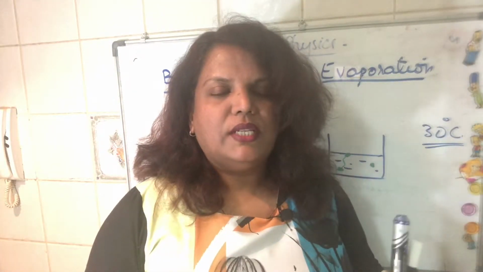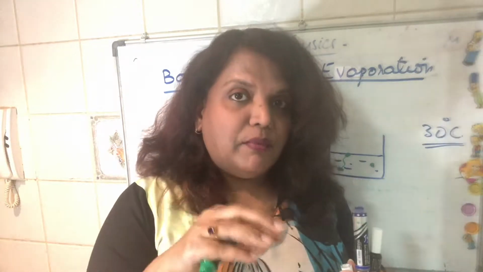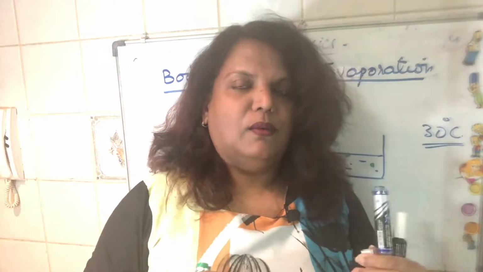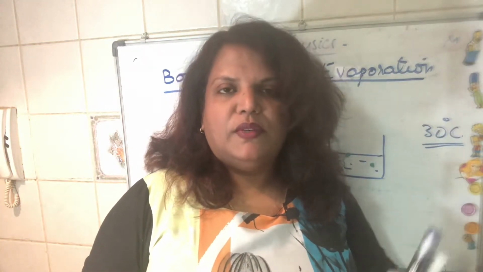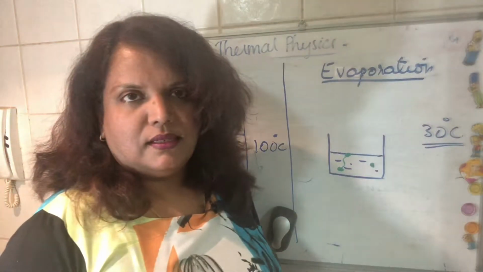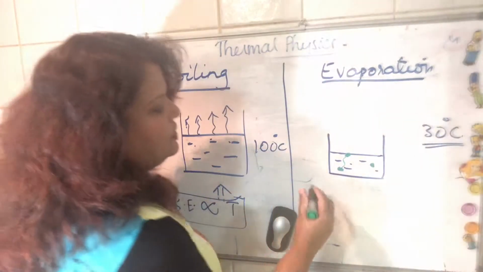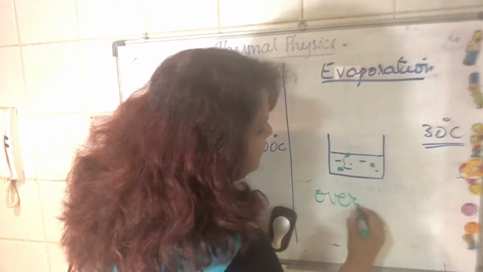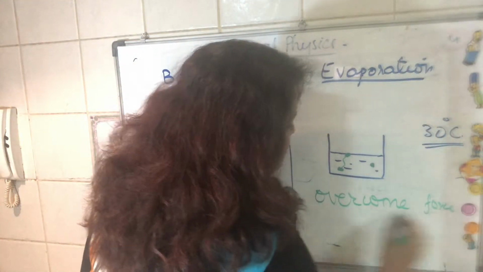That's why they all stay within the volume of space. Now when they come to the surface, if they possess enough energy to break all these bonds and escape into the atmosphere, they can let themselves free, right? So not all molecules will have these chances, but a few molecules have enough energy to overcome the force of attraction. This is important.